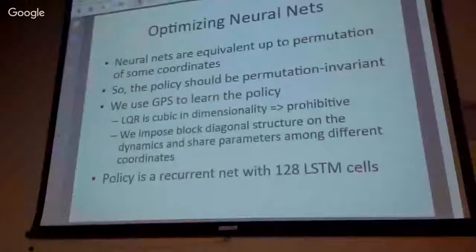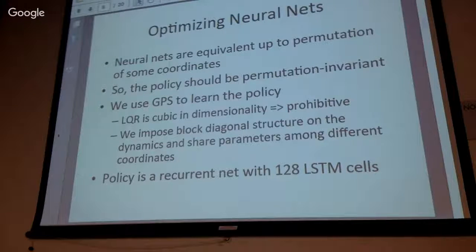The key observation we make in this paper is that neural nets are equivalent up to permutation of some coordinates. If you think about the different layers of the neural nets, you can basically permute the different hidden units, which would correspond to a different arbitrary permutation of the weight matrix. So basically, the policy should be permutation invariant with respect to those coordinates.